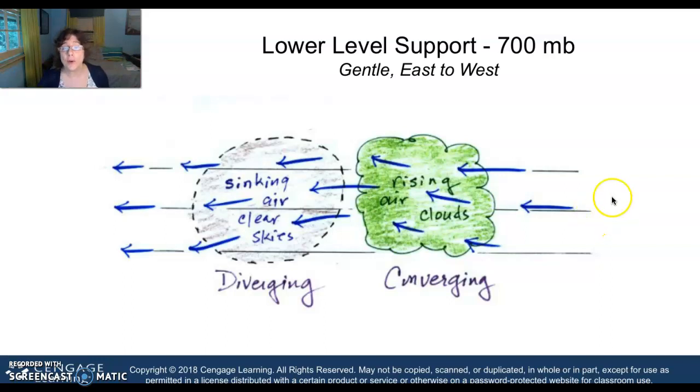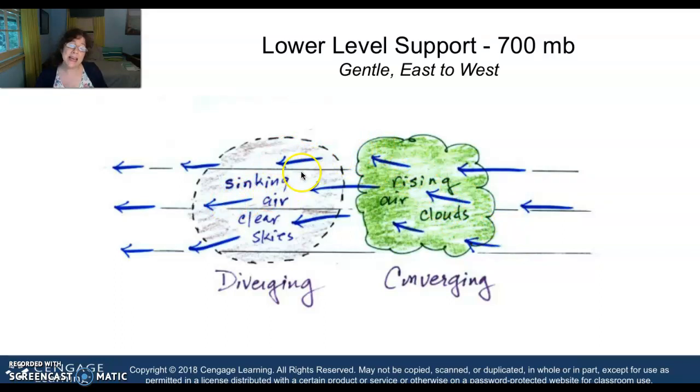And you are noting that the converging air in that area is coming from that low pressure system at the surface and converging up only to 700 millibars and then condensing in that area and forming your clouds on the eastern side of this little bit of a ridge here.